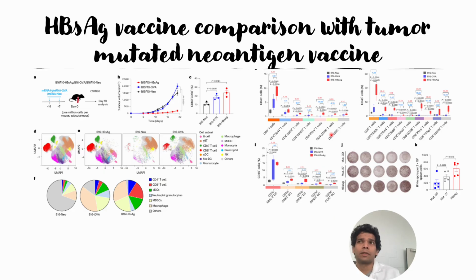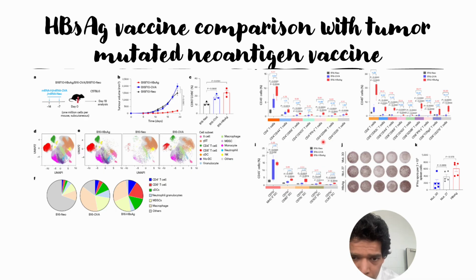They are also known as checkpoint inhibitors, which when interacting with their counter ligand will cause suppression of the T cells. All these 3 categories or subtypes of cells are high in the case of the HBsAg treated vaccines, which can be seen in panel G, where the CD4 plus IFN gamma cells are significantly higher.